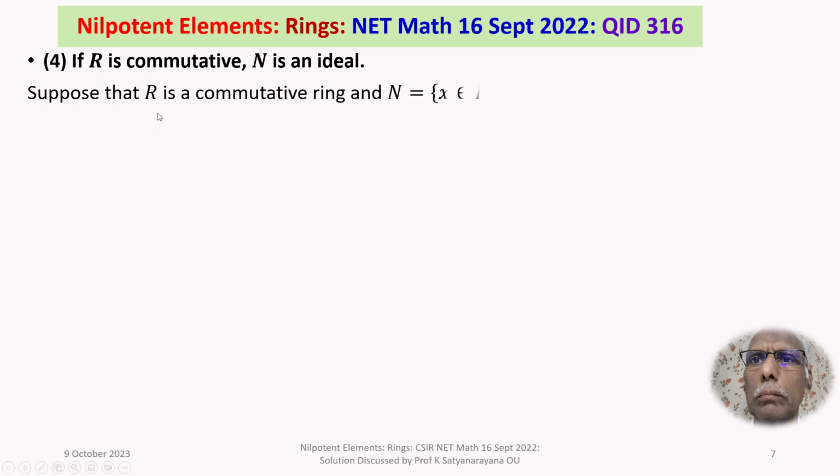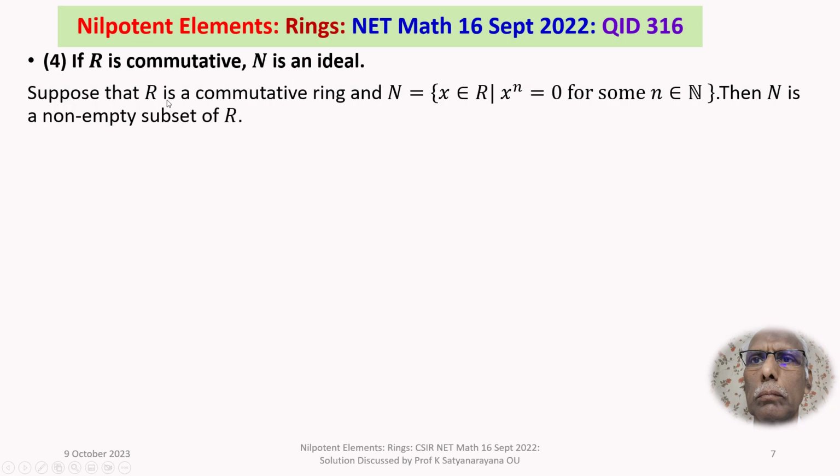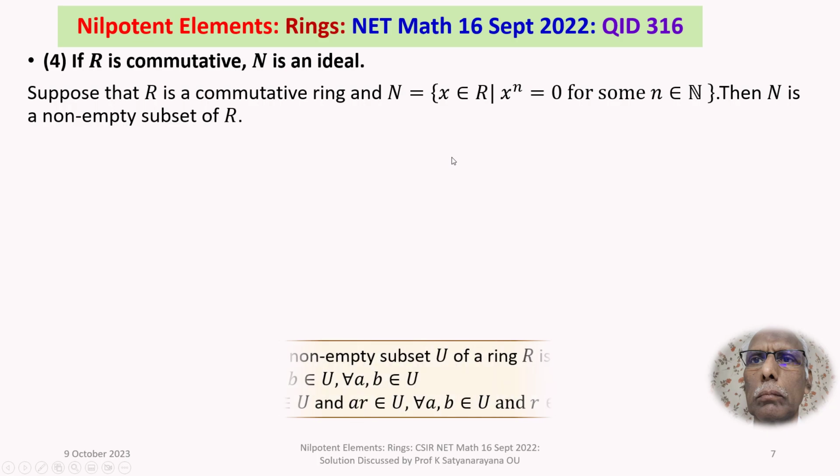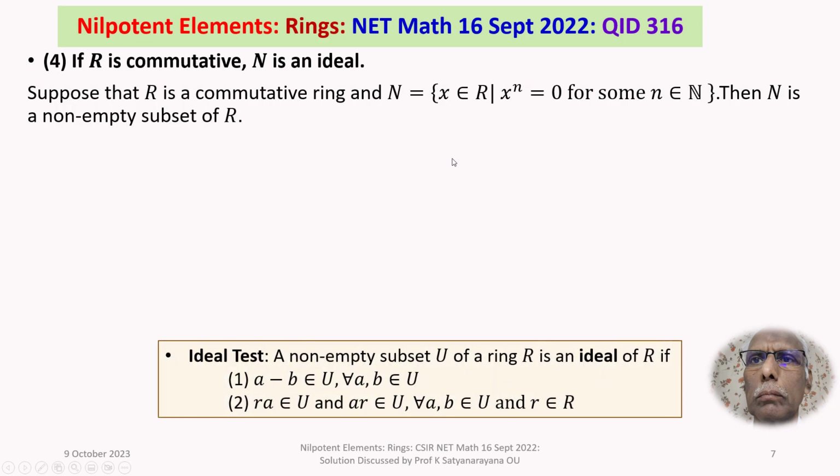Agreed. So that is our statement of option 4, and R is a commutative ring. Now our hypothesis is R is commutative and N is the set of nilpotent elements of the ring R. Then we have seen N is a non-empty subset of R. Now one may ask how did you make a hunch that R could be commutative?